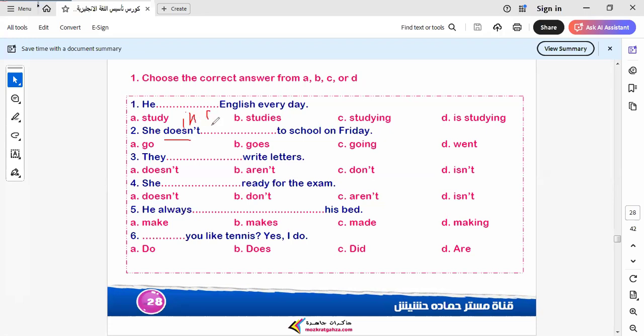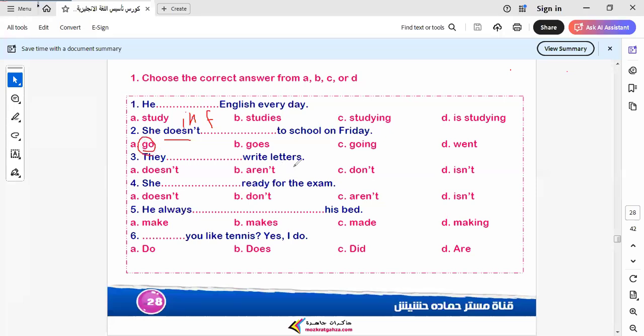Also when we use did in the past simple, we use did plus the infinitive form. So in these cases, we put didn't or doesn't and put the verb in the infinitive form like this. Here we say he doesn't go.